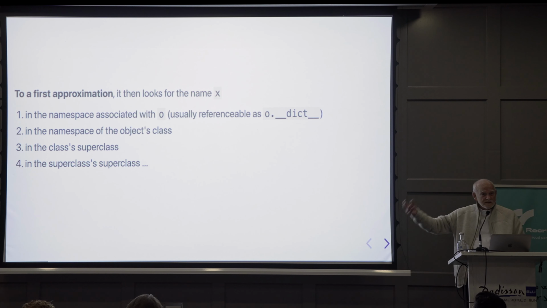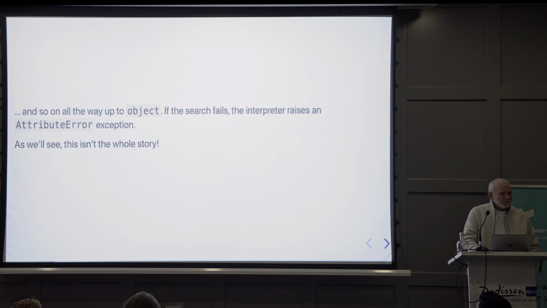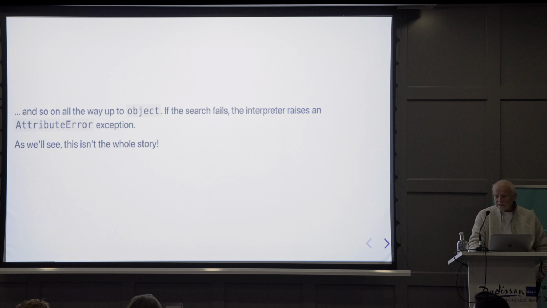If it doesn't find it in the object's class, then it looks in the class's superclass, and it keeps ascending the class hierarchy to try and resolve this attribute name. Eventually, it gets all the way up to object, from which everything in Python inherits, and if the search fails there, then you get an AttributeError exception.